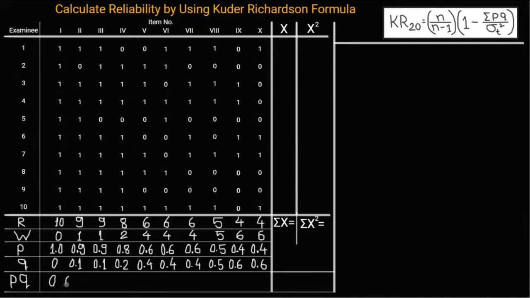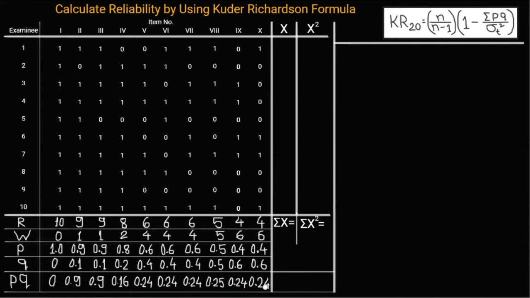The first 0, second 0.09, next 0.09, next 0.16, next 0.24, next 0.24, next 0.24, next 0.25, next 0.24, and last 0.24.